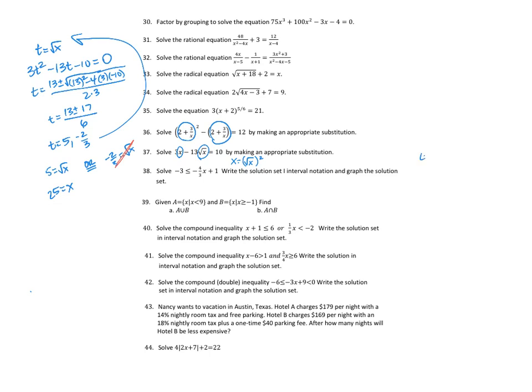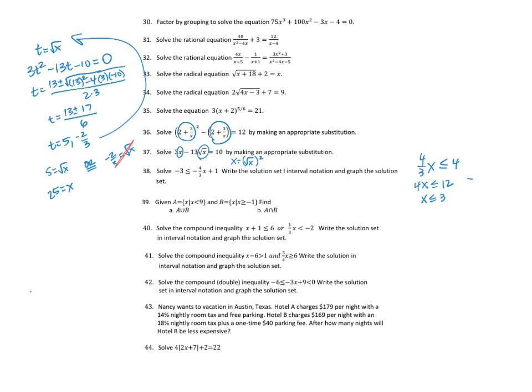So I get 4/3 x is less than or equal to 1 plus 3, which is 4. Then I can multiply both sides by 3. So I get 4x is less than or equal to 12. And then I can divide both sides by 4. I get x is less than or equal to 3.